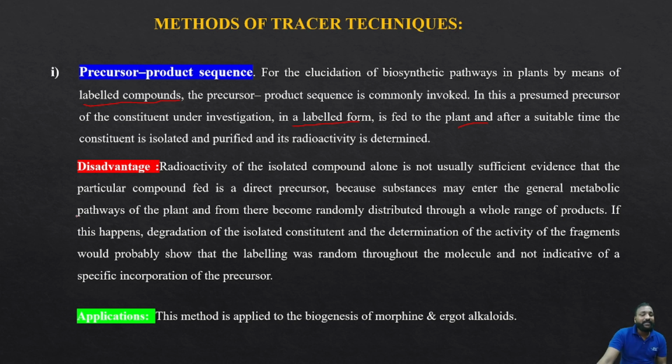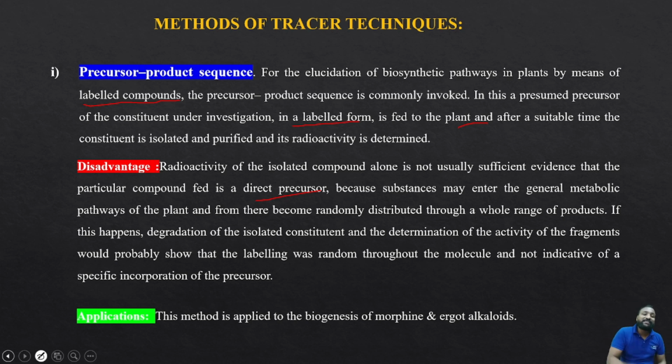But here there is a disadvantage. The radioactivity of the isolated compound alone is not usually sufficient evidence that the particular compound fed is a direct precursor. That radioactivity is not enough, because maybe the same radioactivity will be present in some other compound.